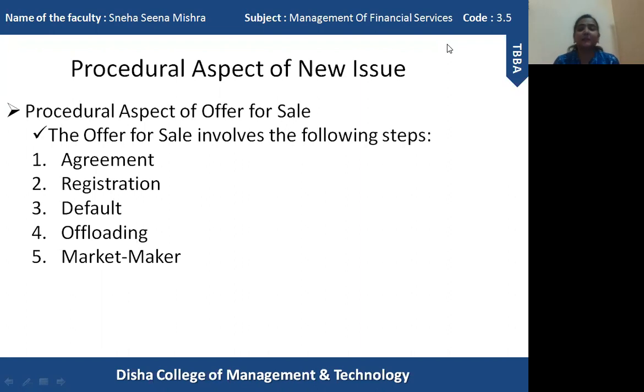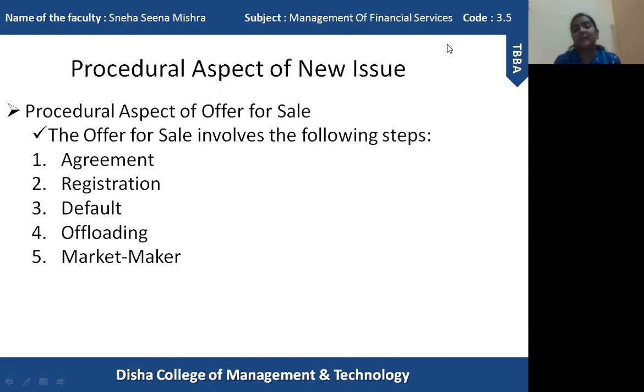Okay, the next point is called offloading. Offloading simply means that the merchant banker or the sponsor can also resell the shares to the general public, but there are certain terms and conditions for the offloading purpose. This point says that the promoter or the sponsor can offload his position, but post issue, they have to keep not less than 20% of the total issue with themselves for a 3-year time period.